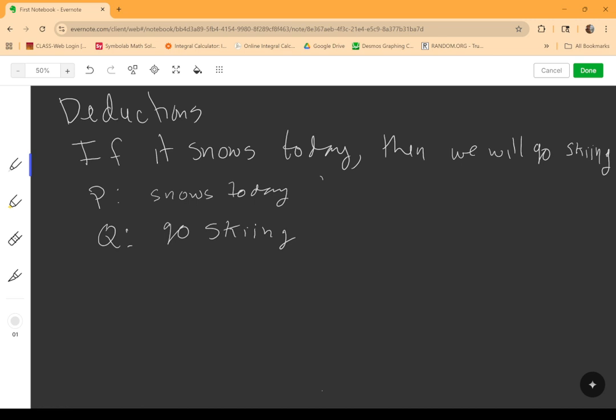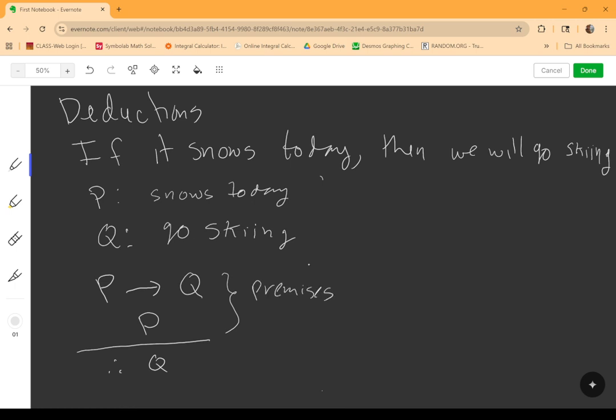All right. So here we're going to introduce something called a deduction here. P implies Q, P, therefore Q. Right? So this is our deduction rule, where we have a couple of statements here where the first two are called premises.